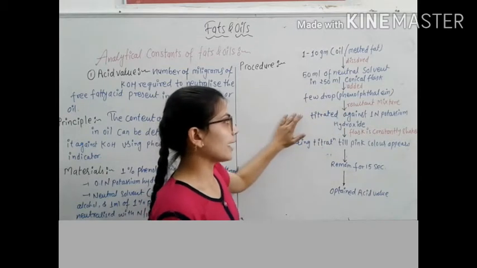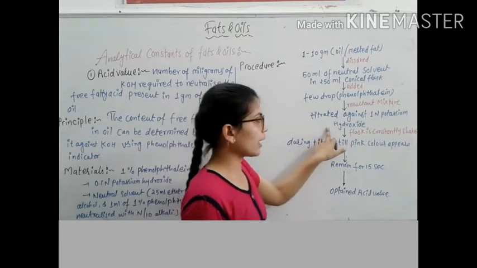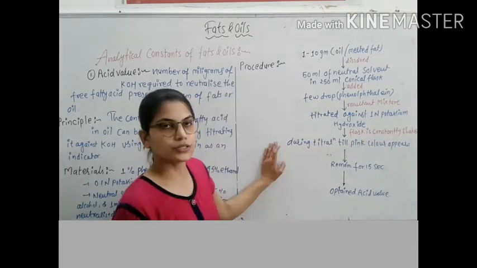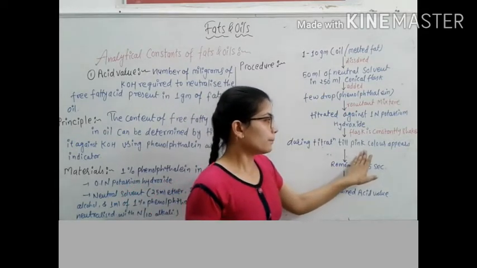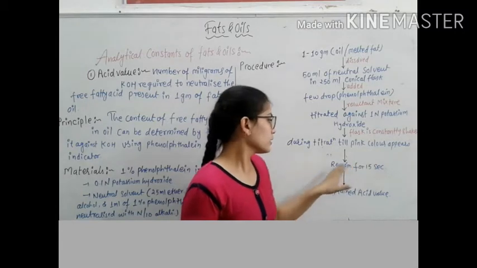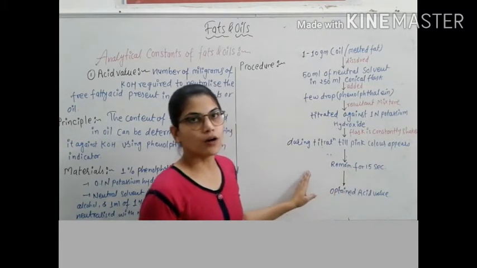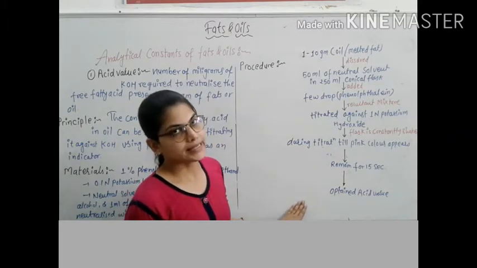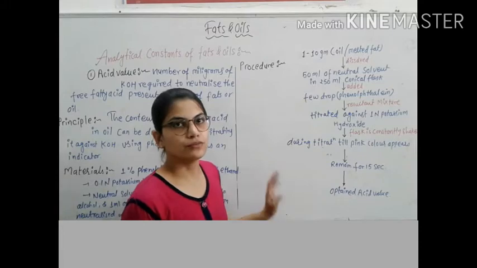Titrate the resulting mixture against 0.1 normal potassium hydroxide. The flask is constantly shaken during titration until a pink color appears and remains for 15 seconds. The value found is the acid value. This is the procedure of acid value.